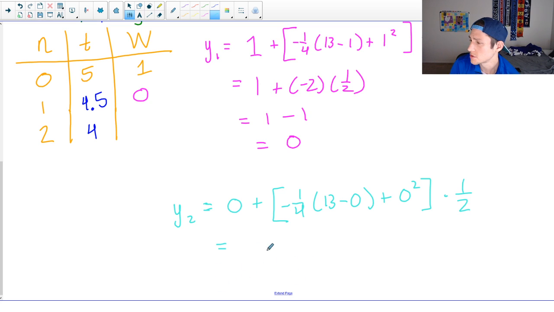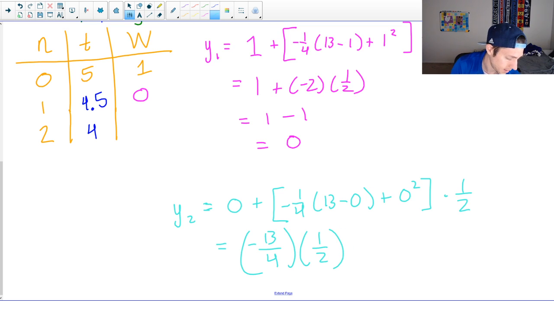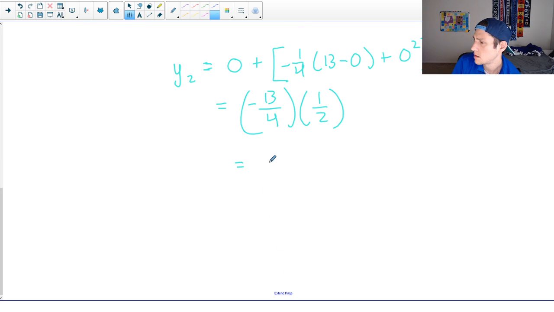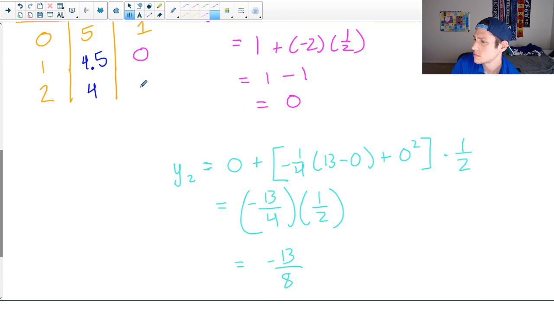Luckily there's a lot of zeros in here. So 0 plus negative 1/4 times 13, so negative 13/4, plus 0 squared, so that's just negative 13/4 times 1/2. So that would equal negative 13/8.